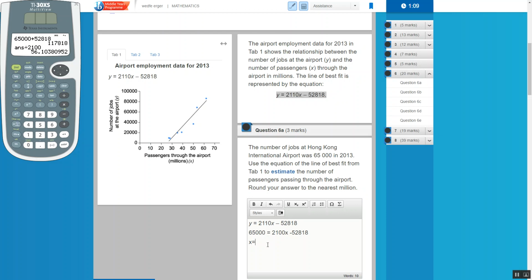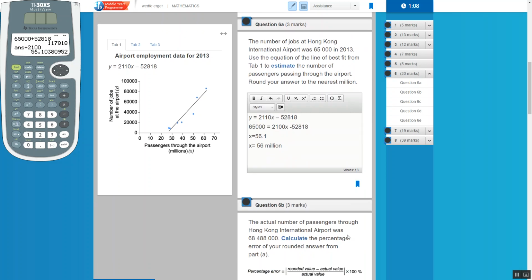So x is equal to 56.1 million. So our answer is 56 million. And that is to the nearest million. And let's actually call this a number of passengers.